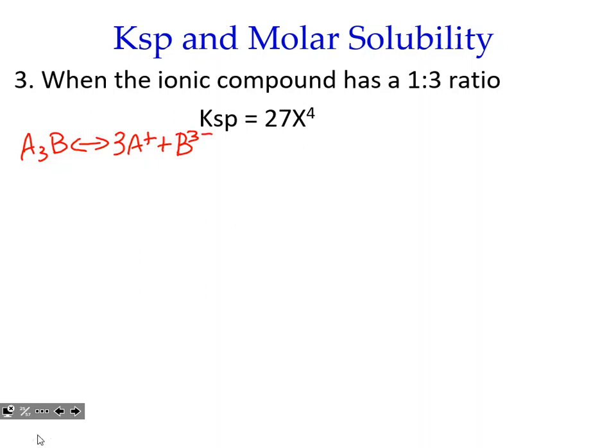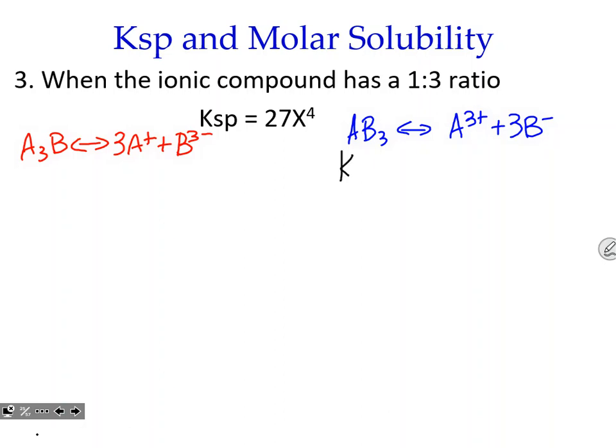Or we have the AB3 where we get A3 plus and 3 of the B minuses. Either way, you're going to end up getting a 1 ion to a 3 ion arrangement for every time that formula unit breaks apart. So I'm going to do this side this time.